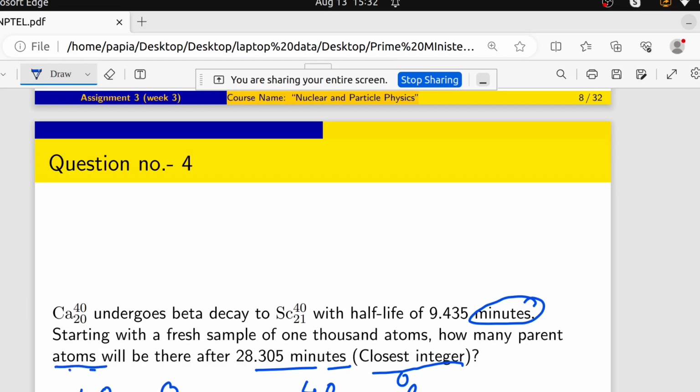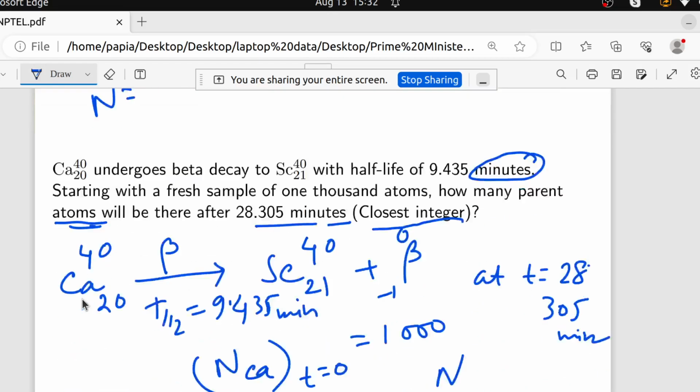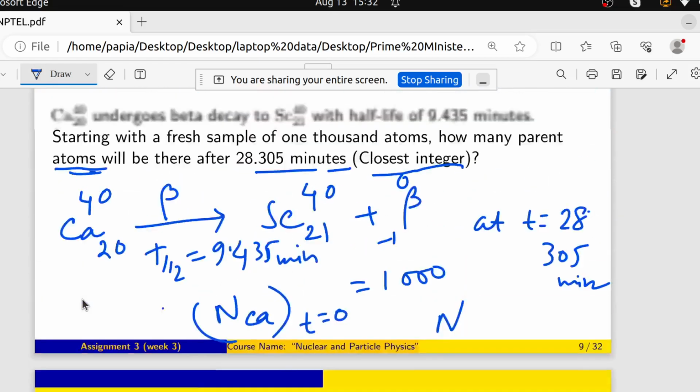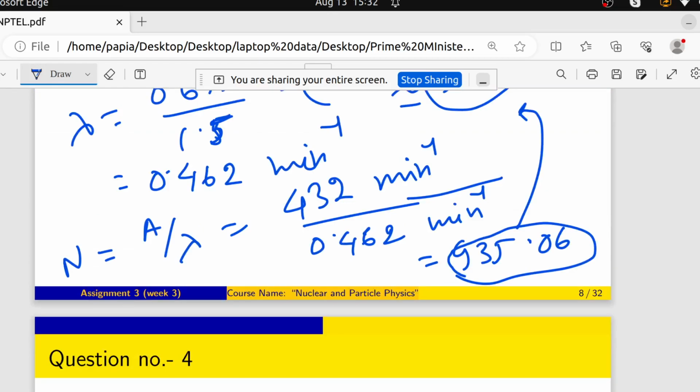If it is parent atoms, then what was n? N was 125. So the parent atom remaining is 1000 minus 125. This n is nothing but how many parent atoms have radioactively decayed to scandium, so this is the number of scandium atoms.